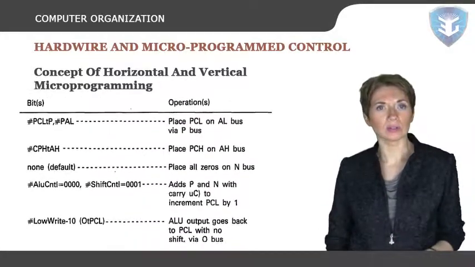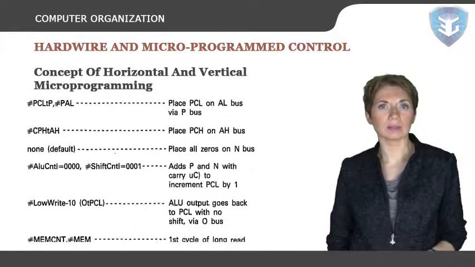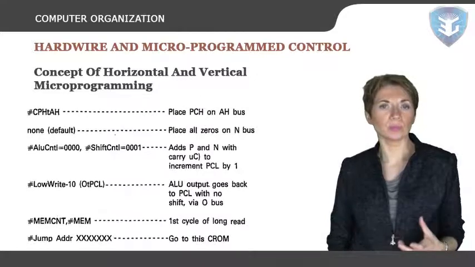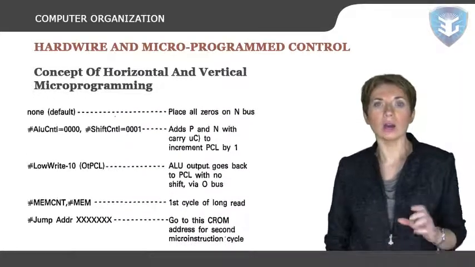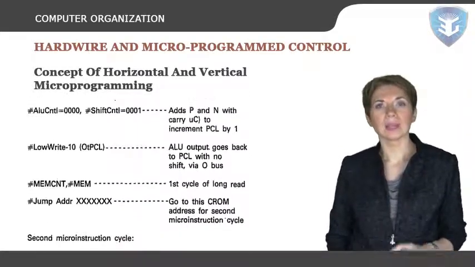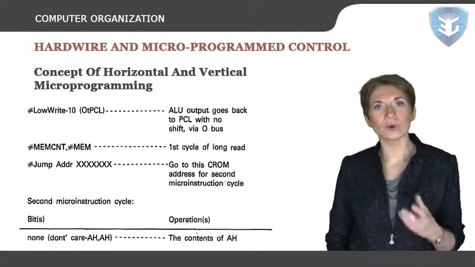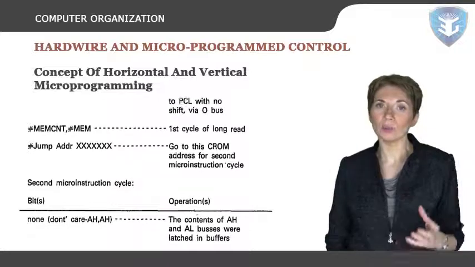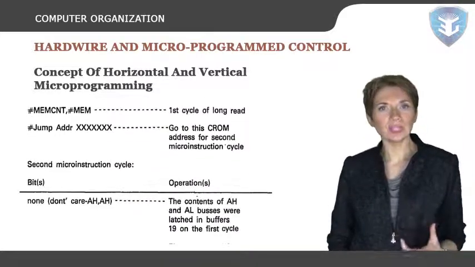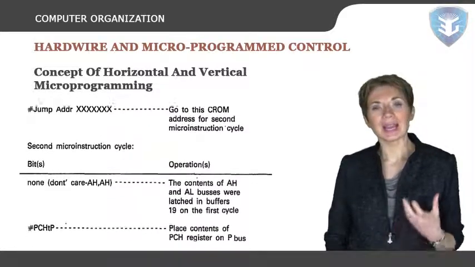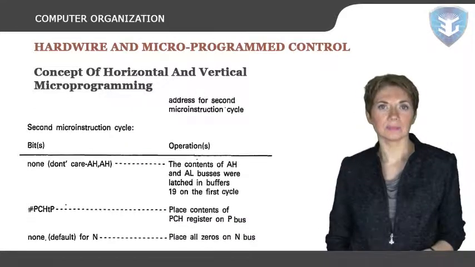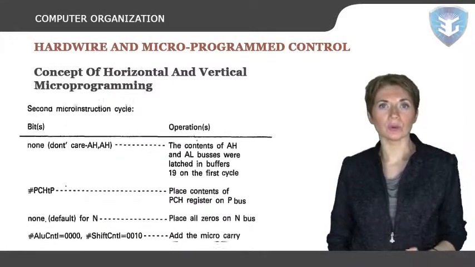Concept of horizontal and vertical microprogramming. The horizontal microprogramming is also called hardware microprogramming. The length of the microinstructions is high, and they control many hardware resources operating in parallel. To each resource of the computer, a field or bit is assigned, by which the resource is controlled.